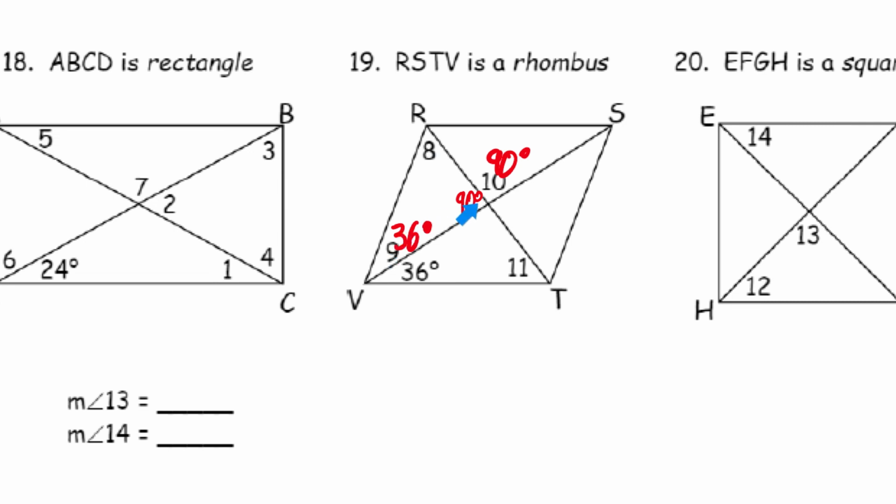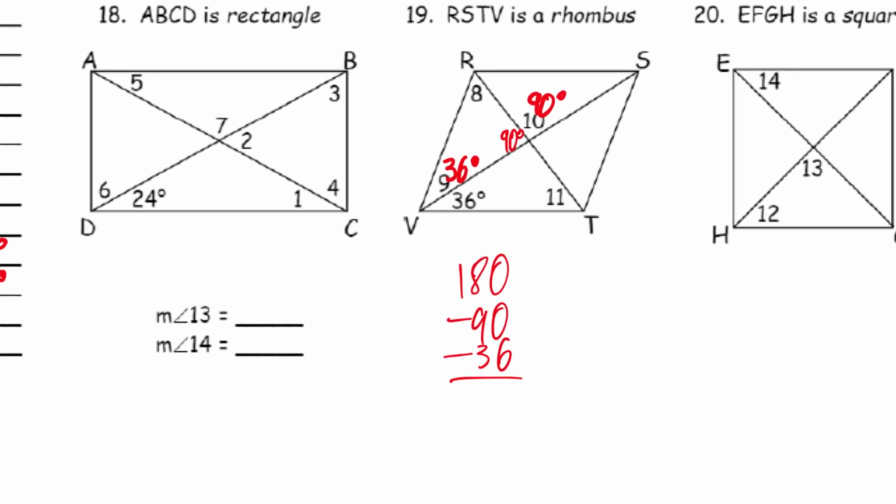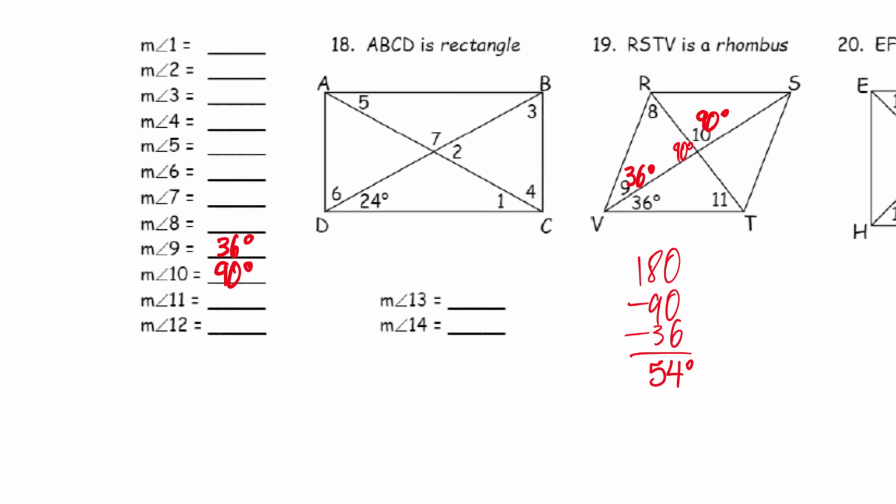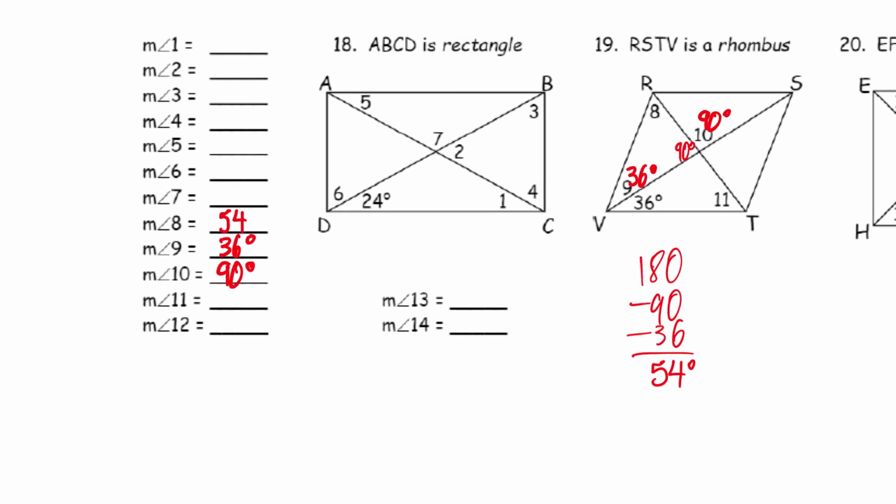So I could do 180 minus 90 minus 36, and that's going to tell me how big angle 8 is. What does that give you? 54. So angle 8 is 54 degrees.